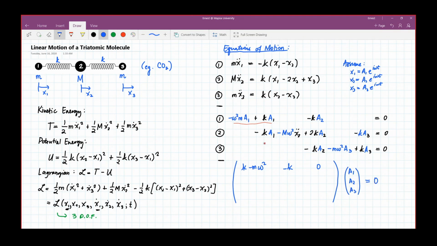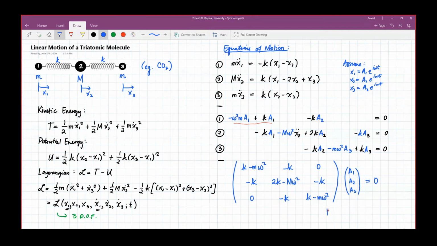The second row becomes negative k, then 2k minus capital M omega squared, and then negative k. And the third row would be 0, negative k, and then k minus m omega squared.